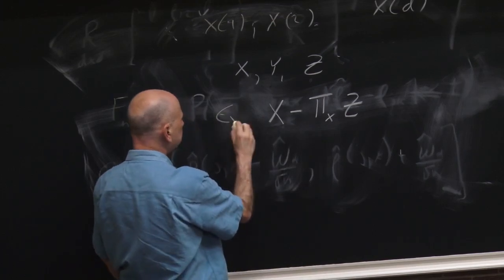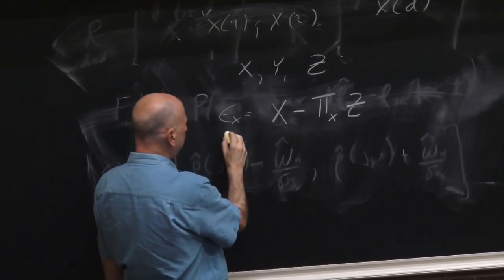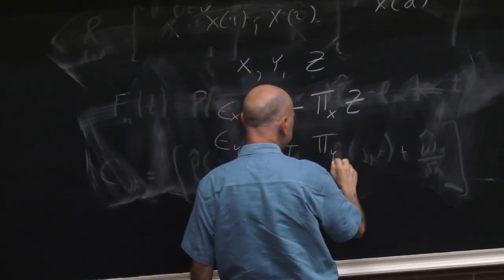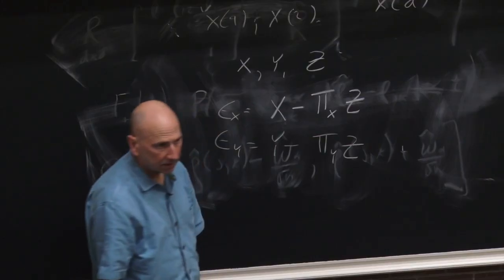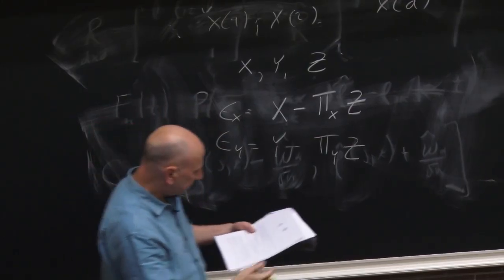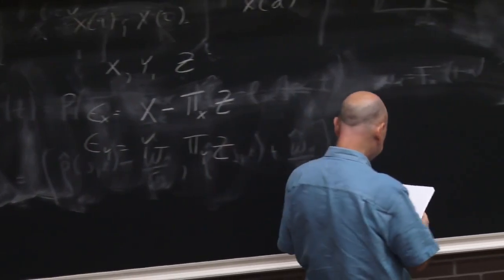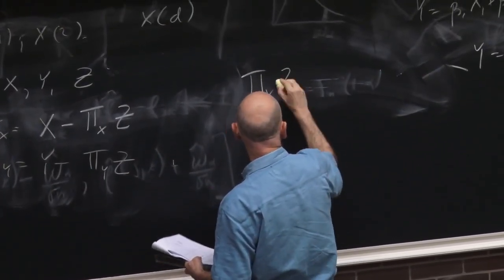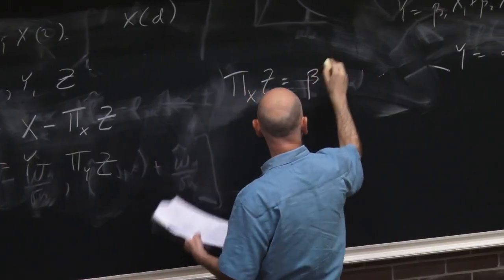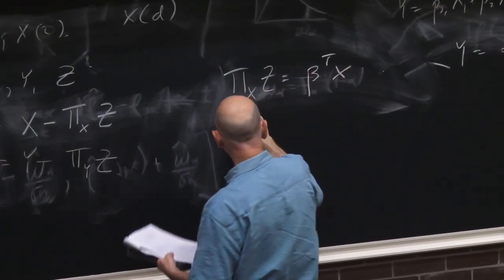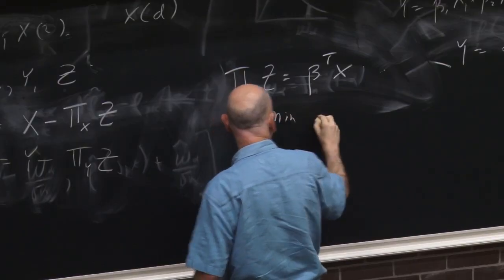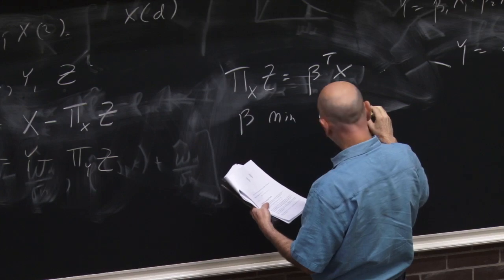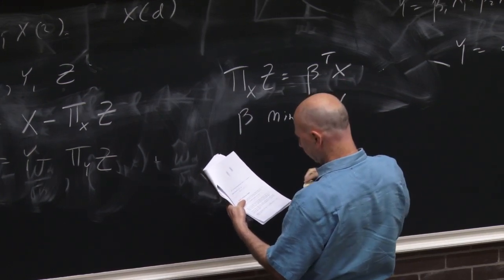I call this epsilon x. And I do the same for y. I take y and I project it onto z. What do I mean by this projection? What I mean is the projection is beta transpose x, where beta minimizes... Did I switch something?